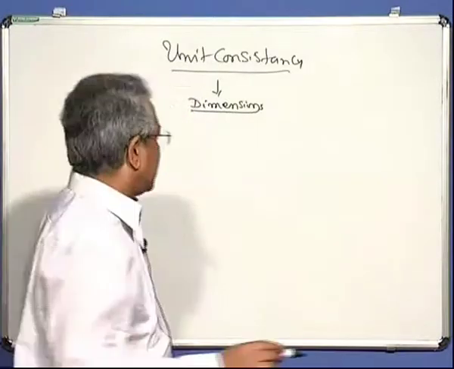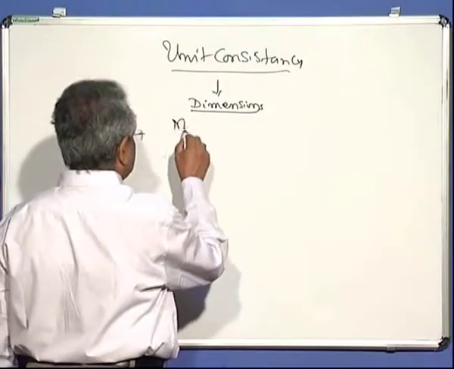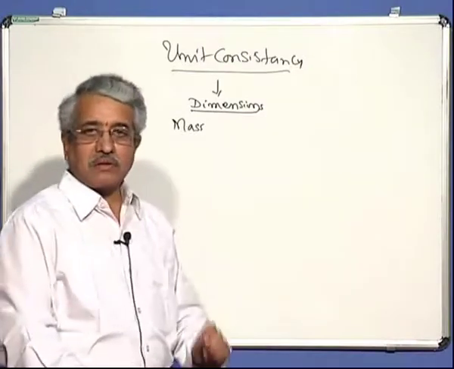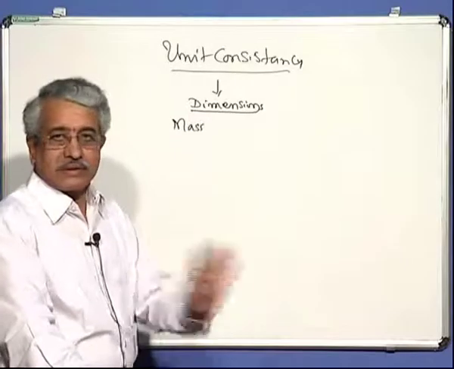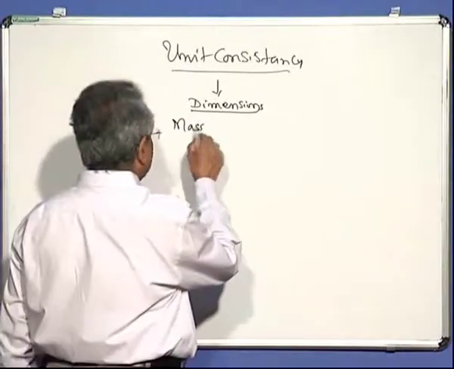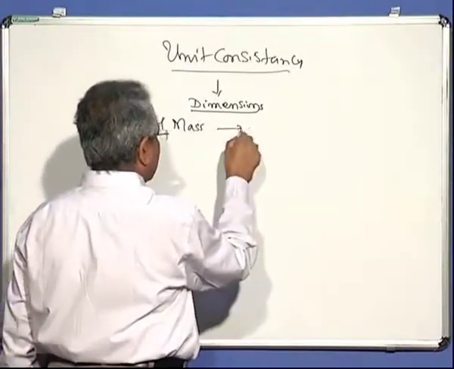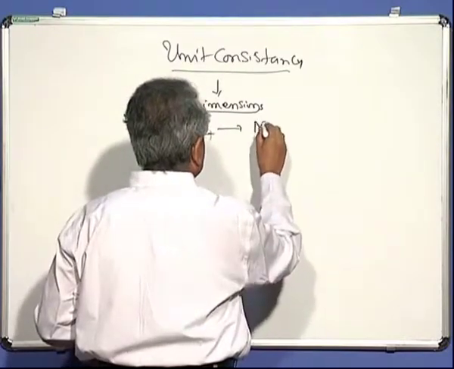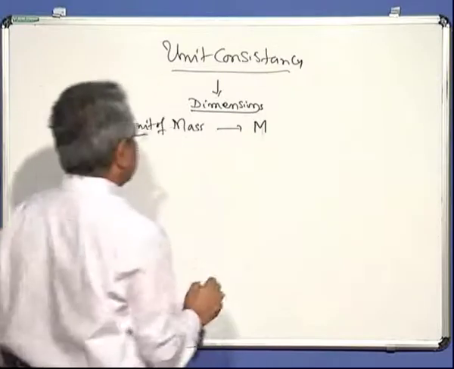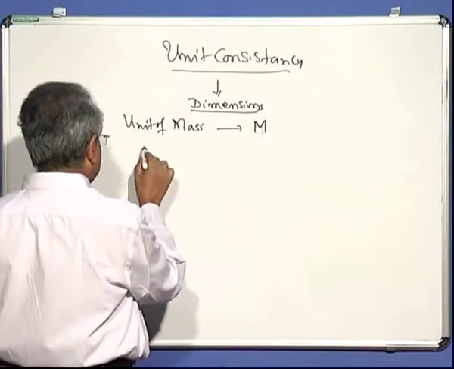For example, suppose you take mass. We said it is a fundamental physical quantity. Mass can be expressed only as mass, nothing different. So the unit of mass is given a symbol called M. Unit of mass is given as M. If you say the unit, the same thing can be expressed like this also.